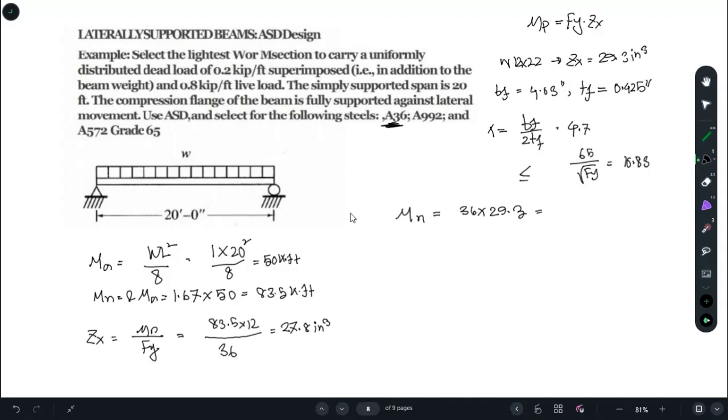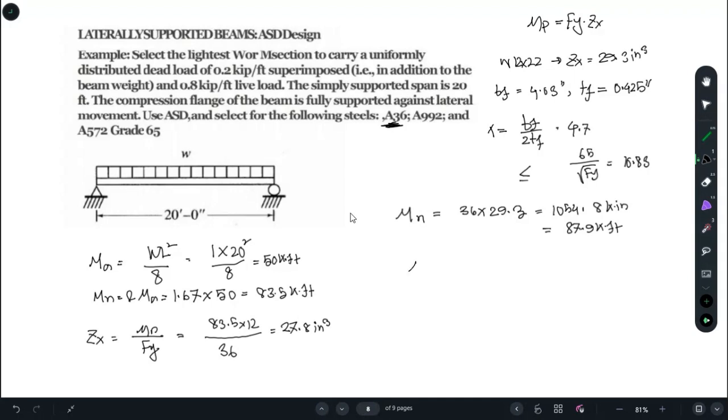From there you'll get a value of 154.8 kip-inch, or 87.9 kip-feet.